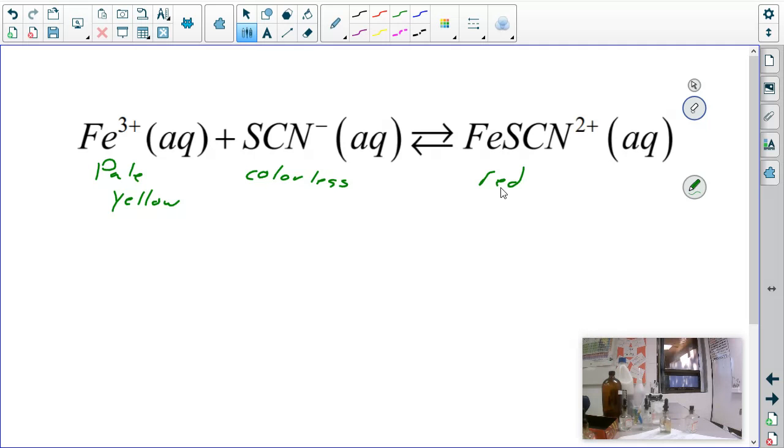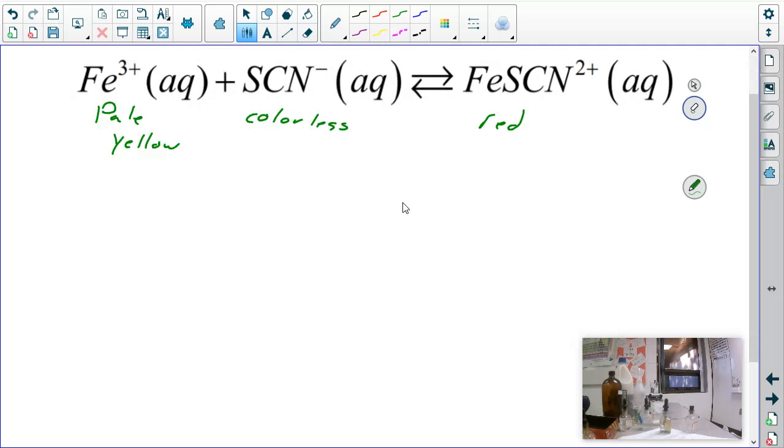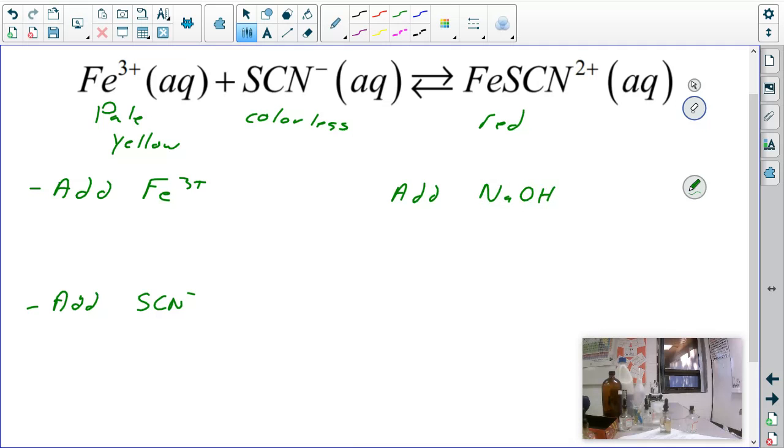We have three stresses we're going to put on this system. We're going to add Fe3 plus, we're going to add SCN negative, and we're going to add NaOH.